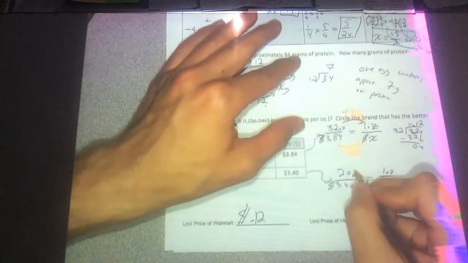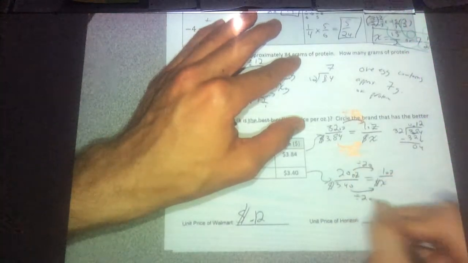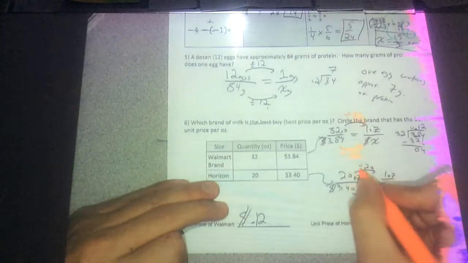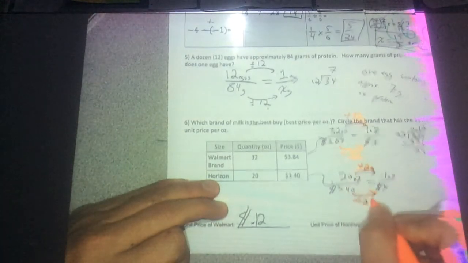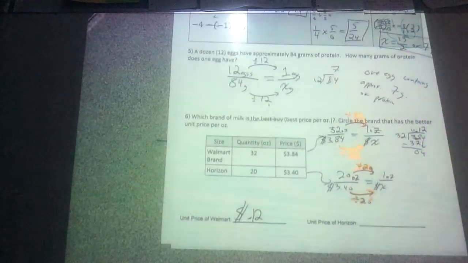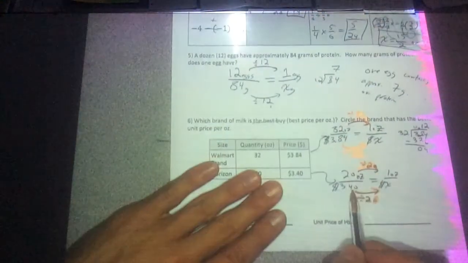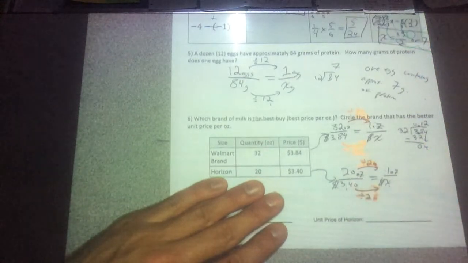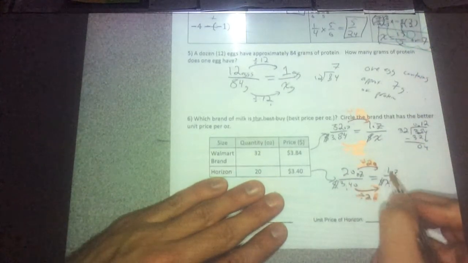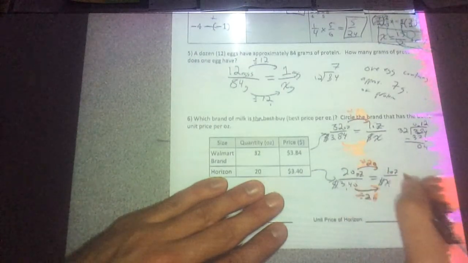Here, I'm going to divide by 20, and same thing here. I'm basically just simplifying this fraction. It's 20 over 3.40, and I want 1 ounce over something. So if I'm simplifying any fraction, I'm going to be simplifying this by dividing to get to 1.